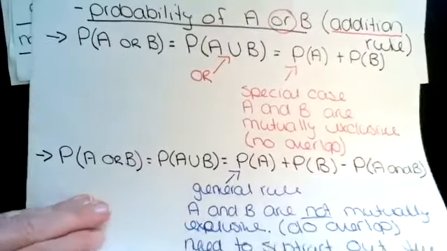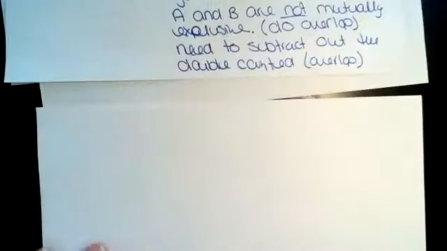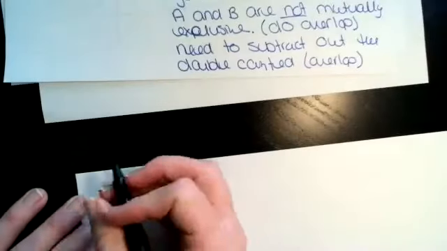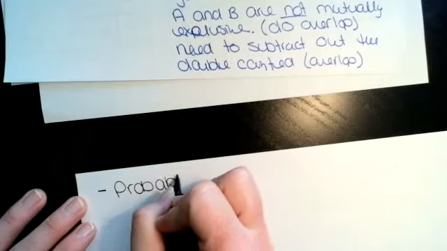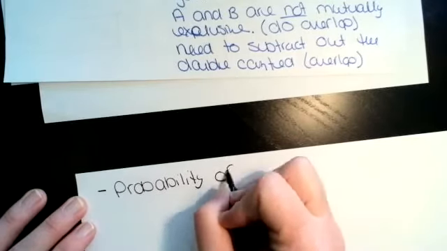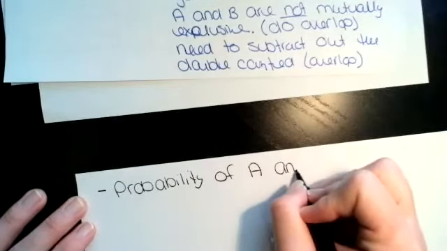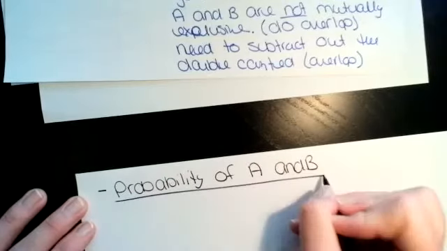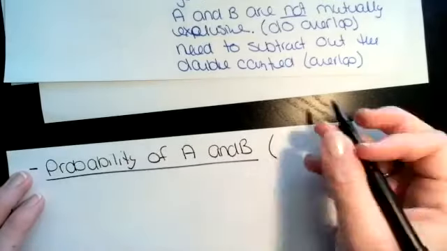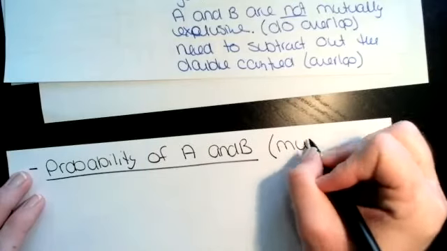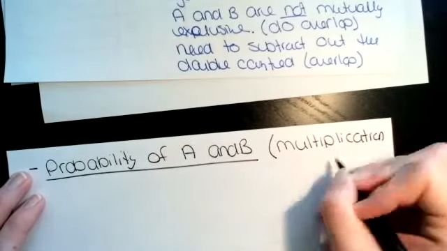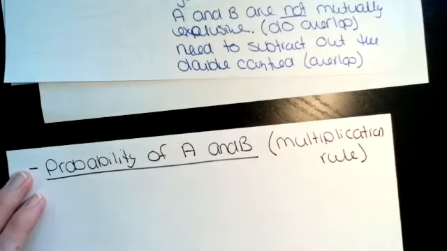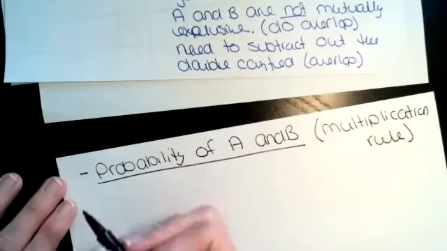Now let's take a look at an AND. The probability of A and B. This is my multiplication rule. Again, I'm going to show you some notation.